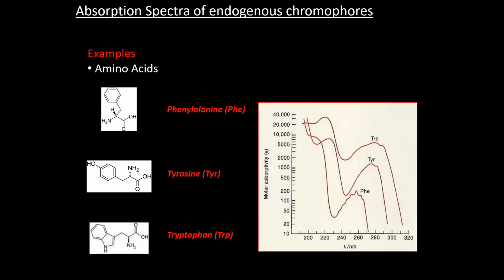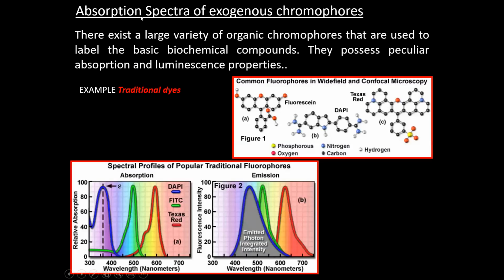But if you work in biology and you want to use a microscope, you can use exogenous chromophores. What is a chromophore? It's a molecule that is colored. It brings color. And there are several different molecules that are used to stain biological tissues and perform microscopy.